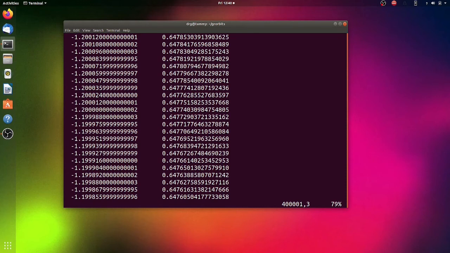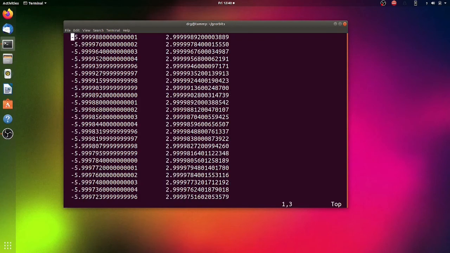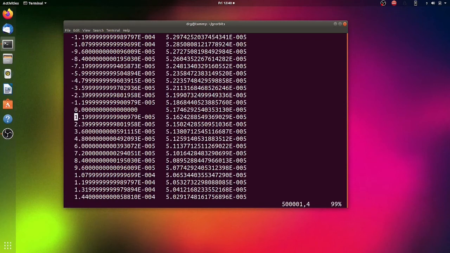We're only 0.64 r units from the origin. 500,000 lines in, we are very close to r equals 0. The r value is 5.1 times 10 to the negative 5.